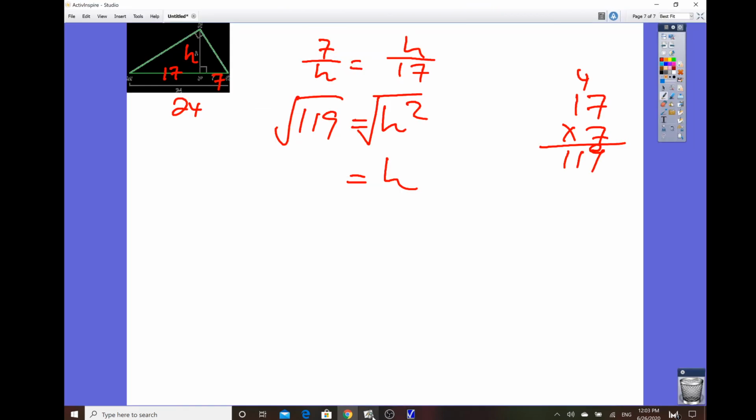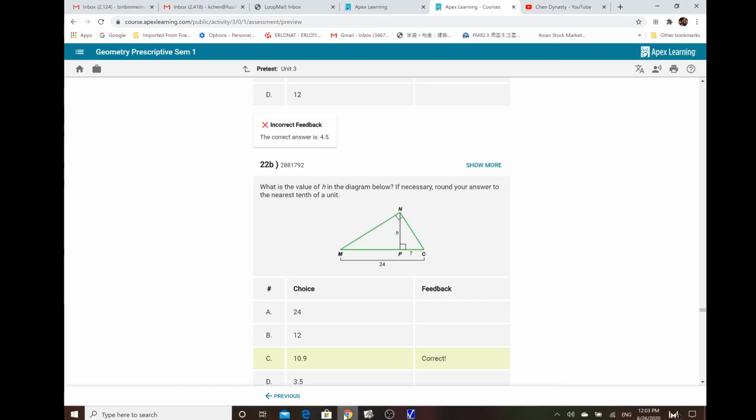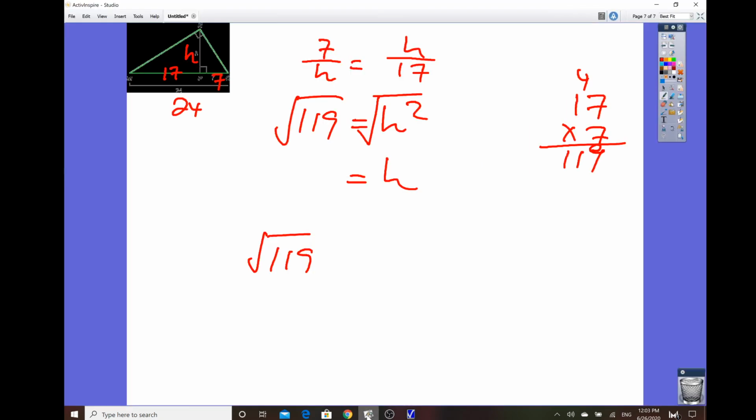So now what happens for those who do not have a scientific calculator? How do you come up with that number? Here's what you can do. You can find the perfect square numbers close to 119. The higher perfect square number would be 121, and the lower perfect square number, which is less than 119, would be 100.